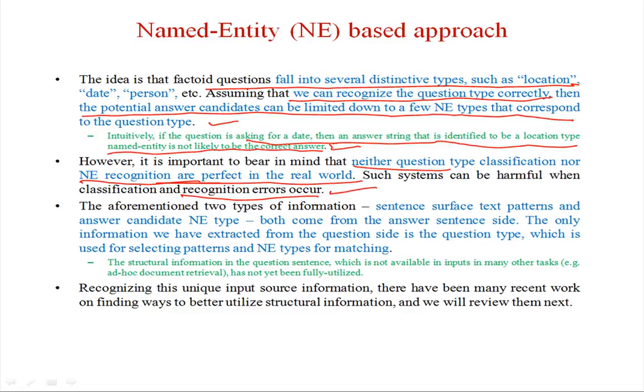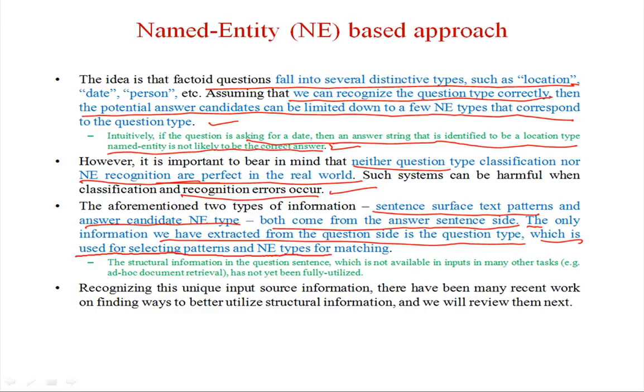The aforementioned two types of information, sentence surface text patterns and answer candidate named entity type, both come from the answer sentence side. The only information we have extracted from the question side is the question type, which is used for selecting patterns and named entity types for matching.